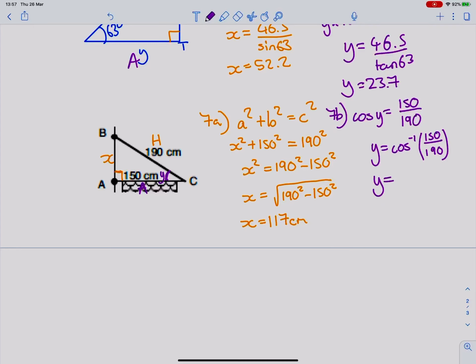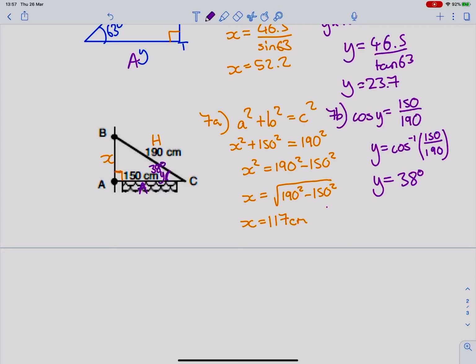You get y equals, so shift cos and press the fraction button, 150 over 190. And your answer is 38 degrees, to the nearest degree. So you now know that y is 38 degrees.